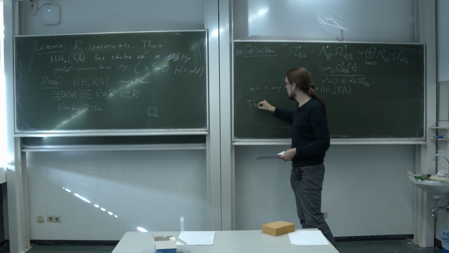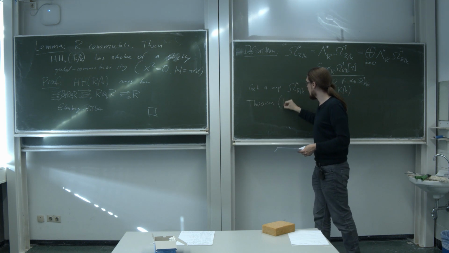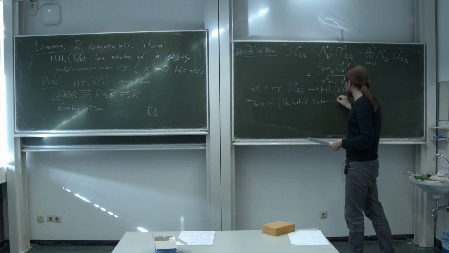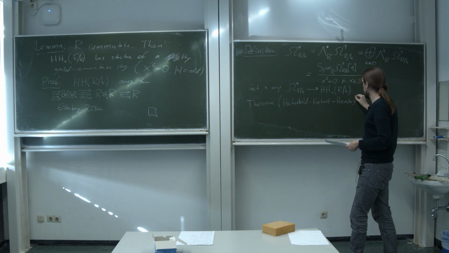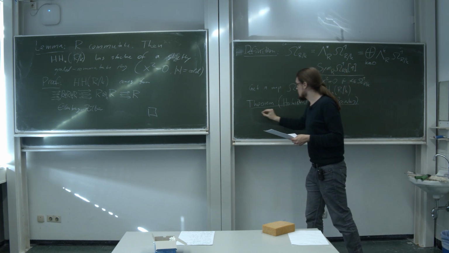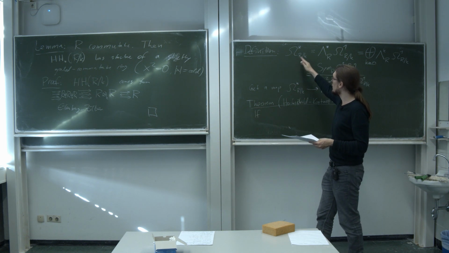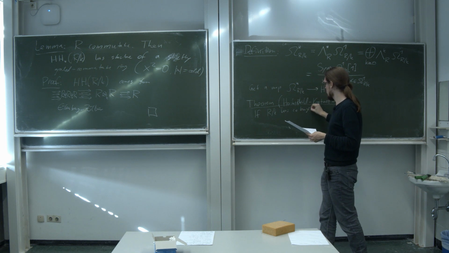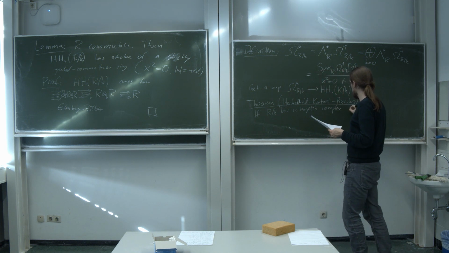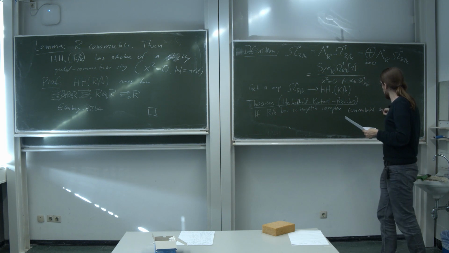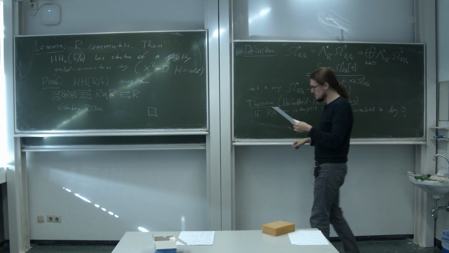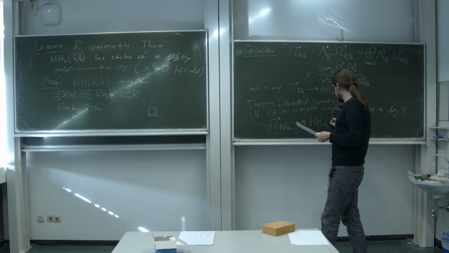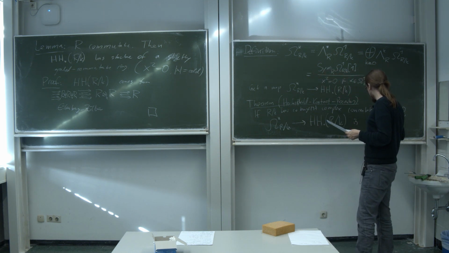And now it turns out it's a theorem by Hochschild, Kostant, and Rosenberg, which says that under suitable assumptions on R and K, namely that R over K has cotangent complex concentrated in degree 0, then this map is an isomorphism.